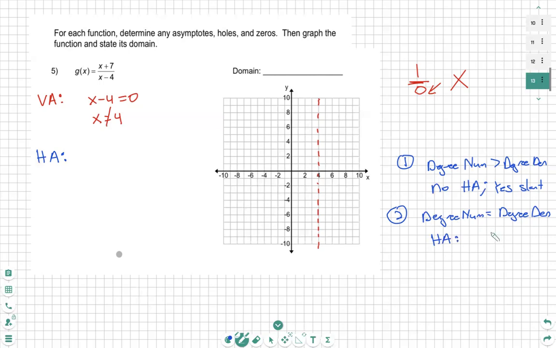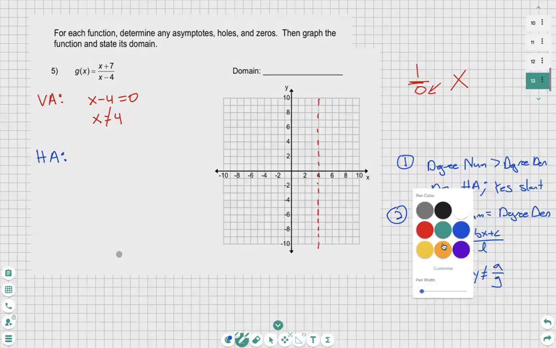So for example, if I had y equals ax squared plus bx plus c all over gx squared plus L, since the degrees are both 2, they're the same on the numerator and the denominator, my HA is y equals a over g, just a ratio of the coefficients.